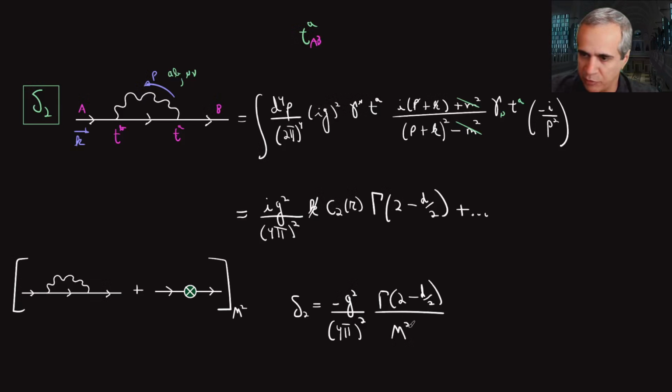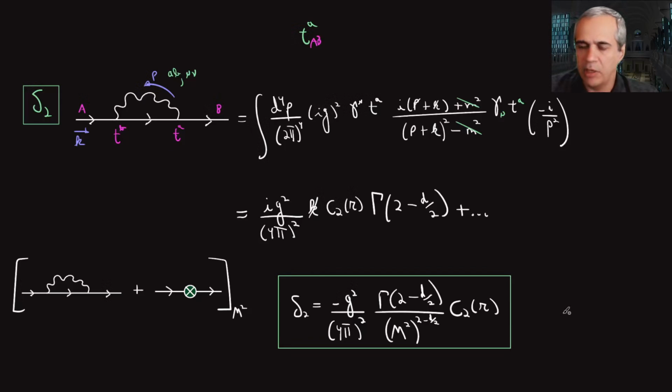Just put a mu squared to the (2 minus d) over 2 here, right? That will lead to 2 over epsilon plus the log of 1 over m squared plus a bunch of terms, and this is the only thing that matters, right? In this scheme, I can do it like that. And then C2 of R.